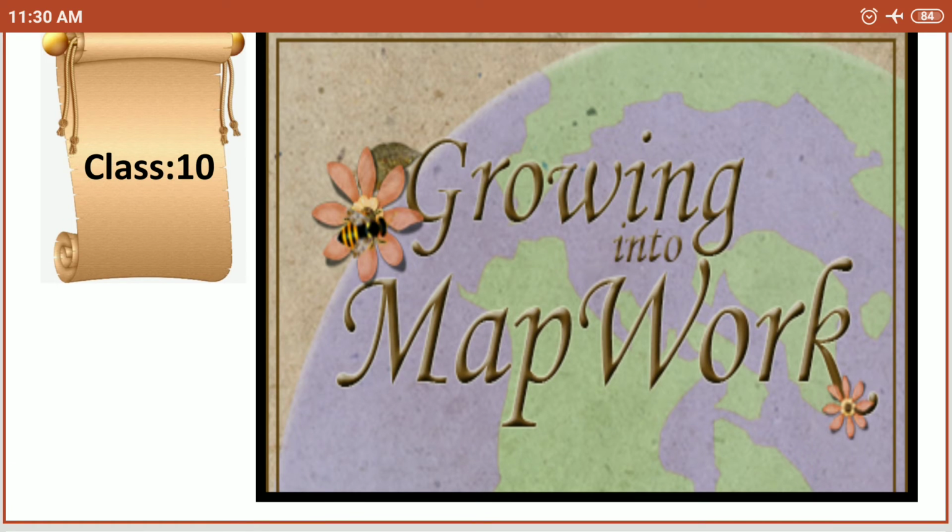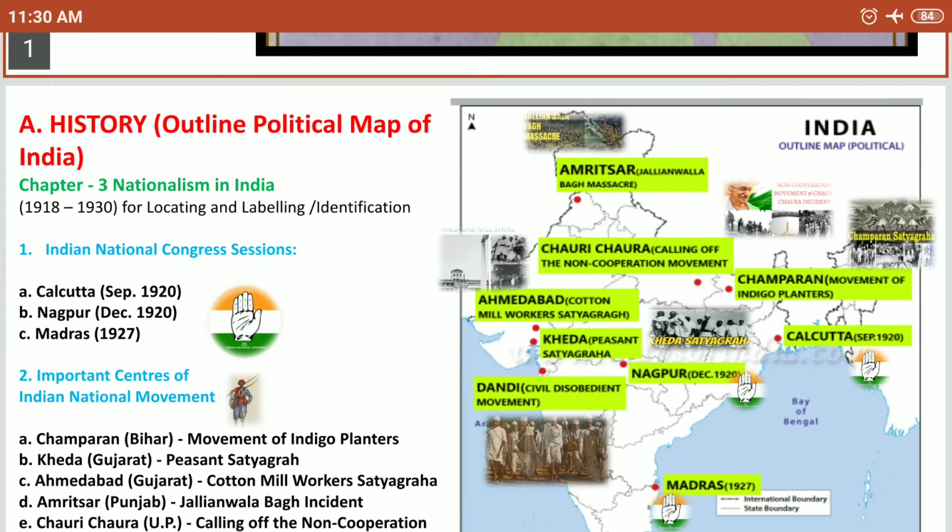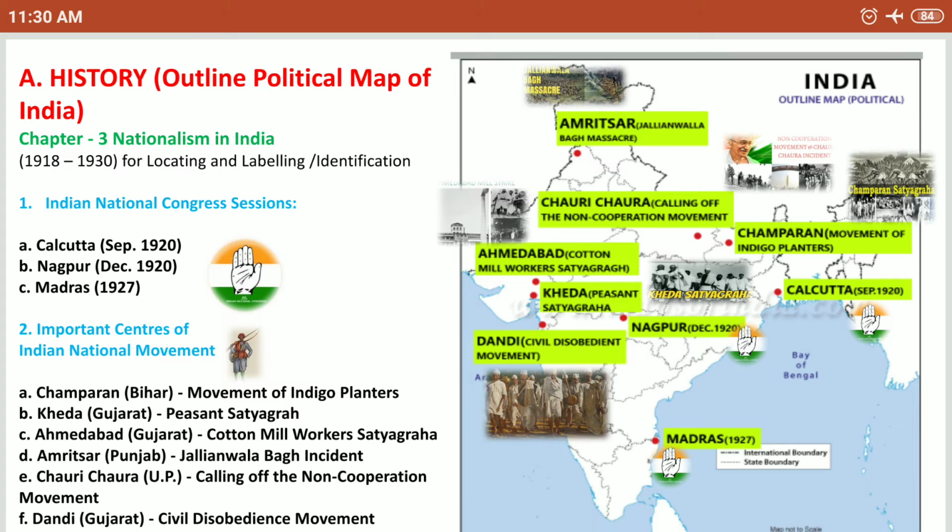Dear students, now look at this map. As I told you yesterday, there are two types of maps: one is locating and labeling, and another is identification. In labeling and locating, you just mark the place which is asked by the examiner in the map of the board.